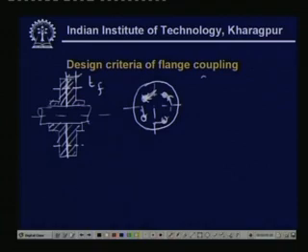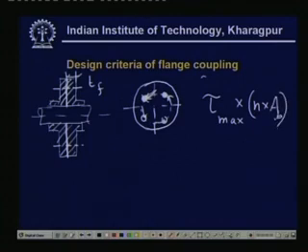So the total shearing force will be tau max, the maximum shear stress, times the total shearing area, which is N times this area A_B. This is the total shear force, and when multiplied by d1 by 2 it should give T, the torque transmitted, and therefrom we may calculate A_B.